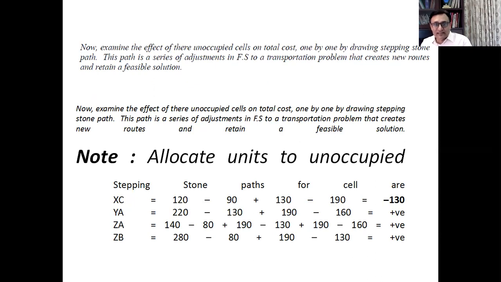If not, we find the cell having the negative index and alter the path with alternating plus and minus signs. We find the minimum allocation in the minus boxes, which is deducted from the minus cells and added to the plus cells. In this way the solution is improved. Again we test its optimality, and continue till we get the optimal solution.